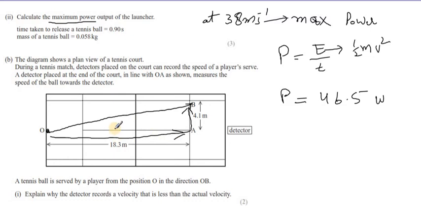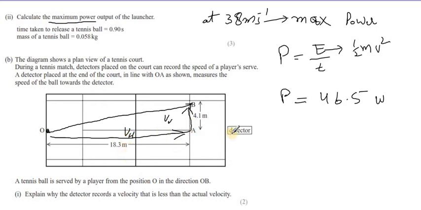I'm sorry about my drawing because I'm not using the ruler. So this is the horizontal component VH and this is the vertical component VV. So the detector only detects the horizontal component, not the vertical one. That's why you have less velocity detected by the detector than the actual one.